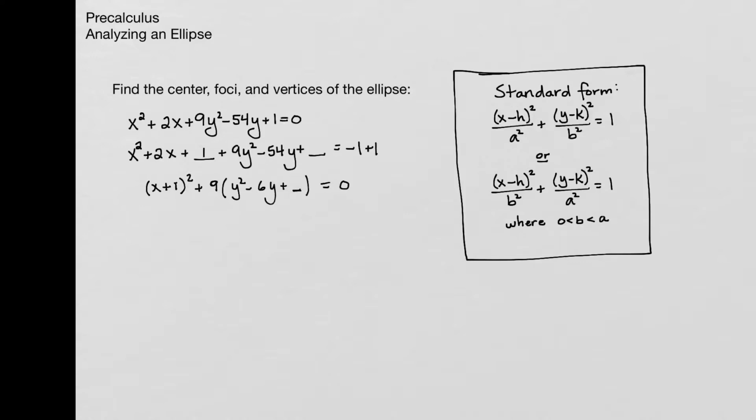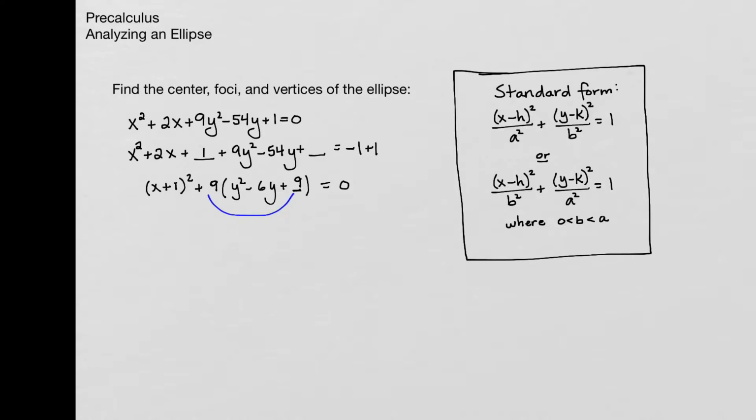Okay, so now I can complete the square. So y squared minus 6y, half of 6 is 3, square that is 9, so I'm adding 9, but I'm not really adding 9 to the left-hand side. I'm adding 9 within parentheses. But what you need to notice is that we're actually adding 81 because we're adding 9 times 9.